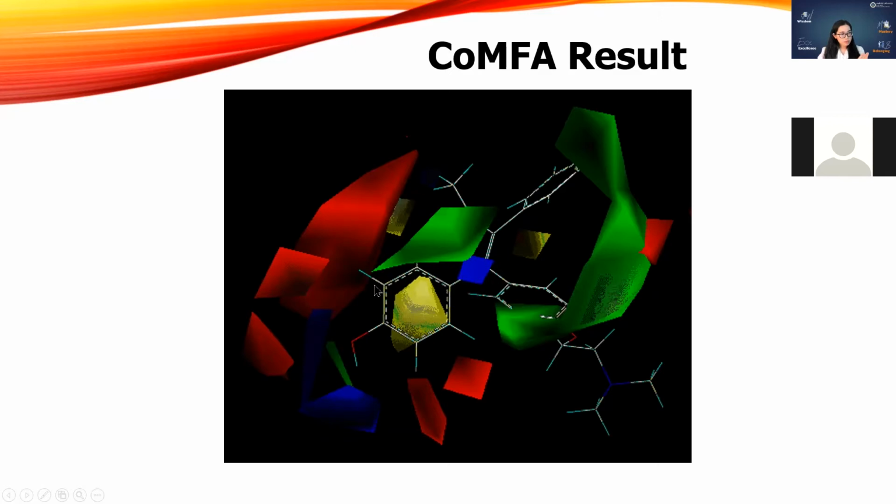If they often meet negative charge characters, they put red colors, something like that. Or if they often meet the steric or hydrophobic parts, they will put the green color. So by having just the ligand alone, they can imagine the surroundings that should often have certain properties.